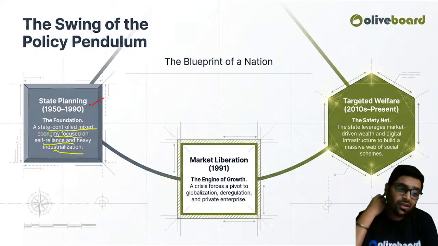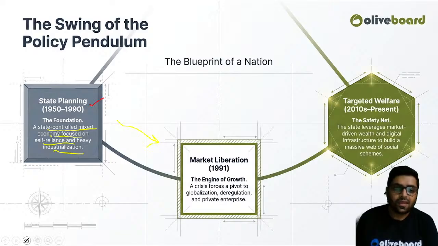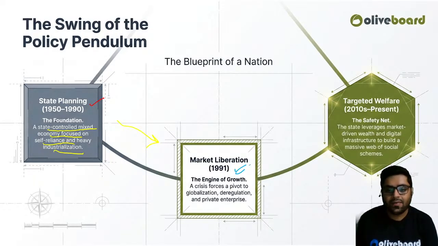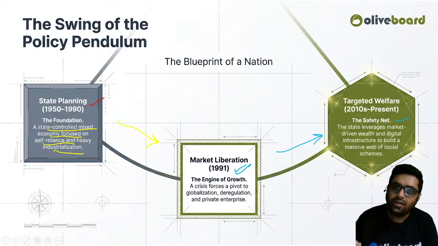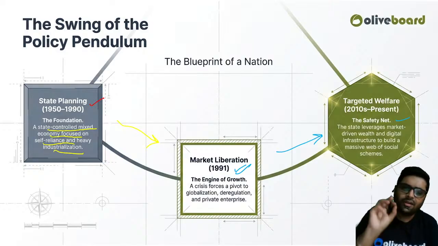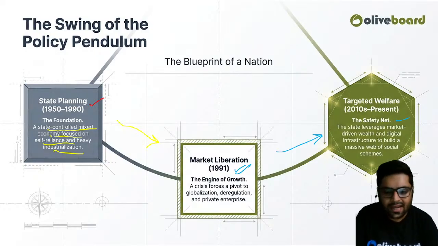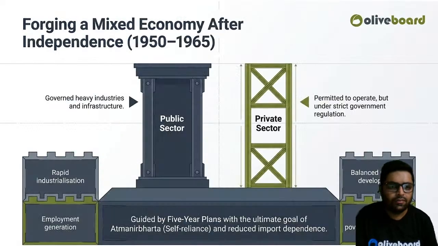So India was targeting industrialization. Then came the very famous 1991 LPG reforms. And towards the 2000s, we have the safety net, that is targeted welfare, sustainable, inclusive growth. This is how slowly the landscape has changed and reforms came. So we'll dive deeper into this a bit.